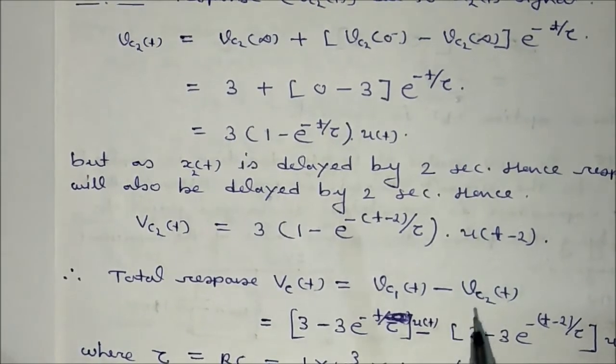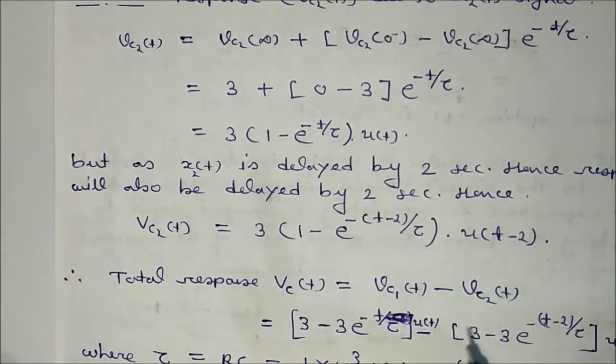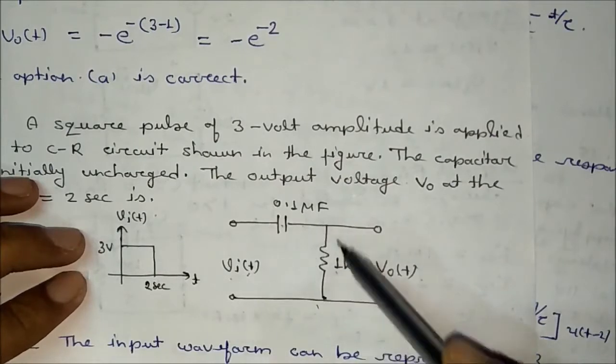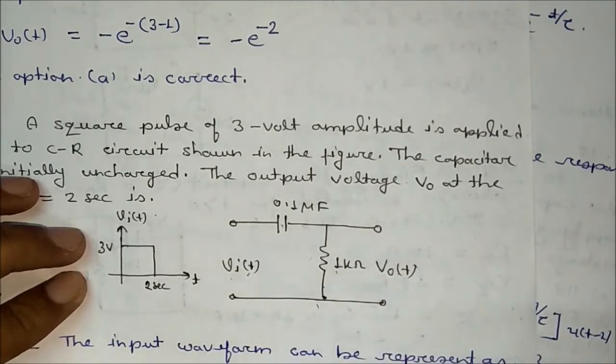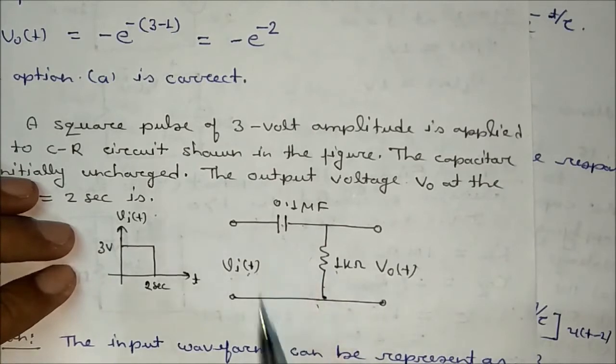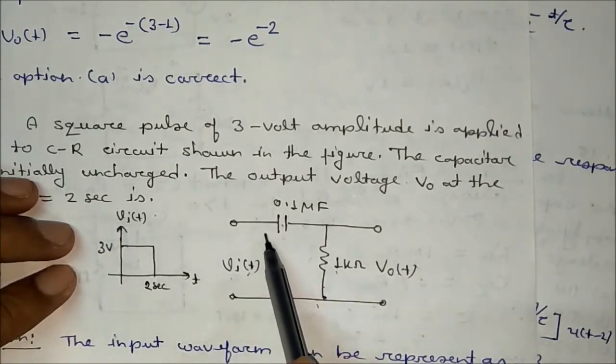Okay, now you have to calculate the V naught t, and we have seen that V naught t will be, what is V naught t? V naught t will be this resistance multiplied by the current flowing in this resistance, and the current flowing in this resistance will be exactly equal to the current flowing through this capacitor. So the current flowing through this capacitor can be calculated as we have already calculated Vct.